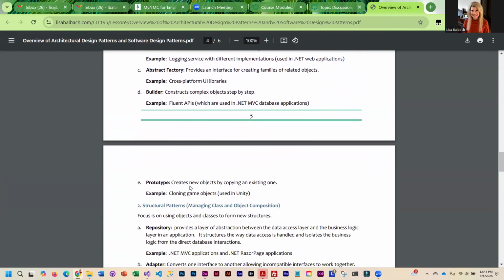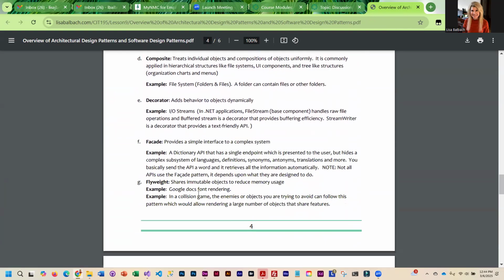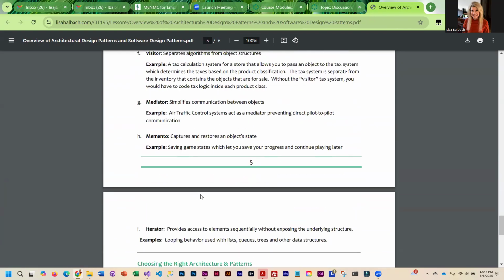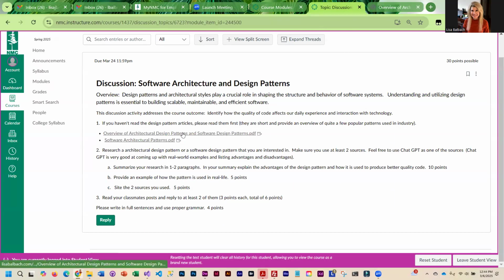I go through some of the different patterns in each category, and I'm providing examples for every single one of them. So read through that article. I think that'll help you determine which one you are interested in learning more about.